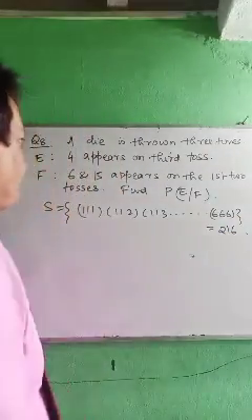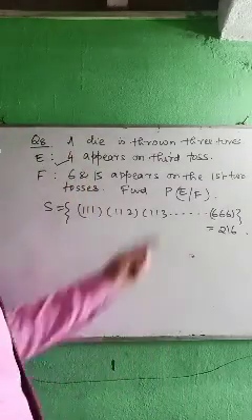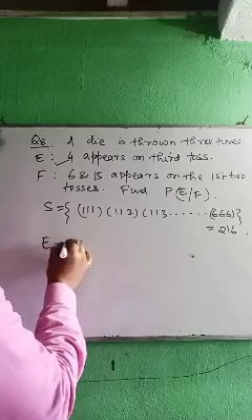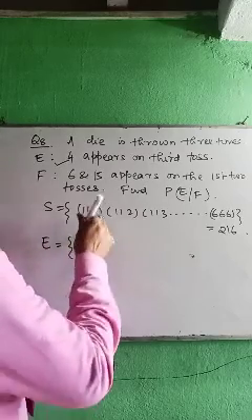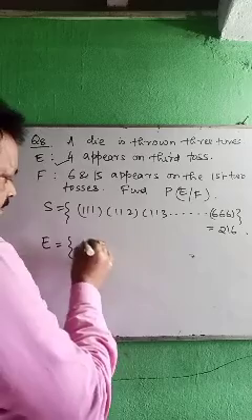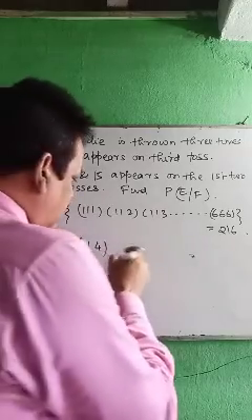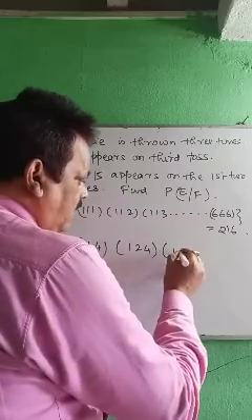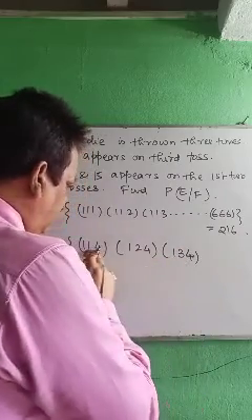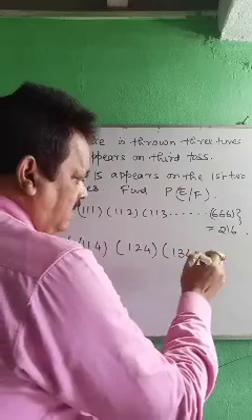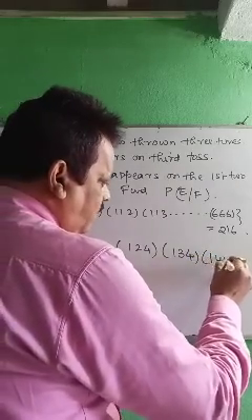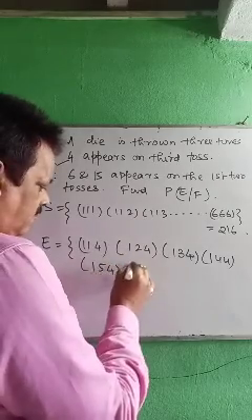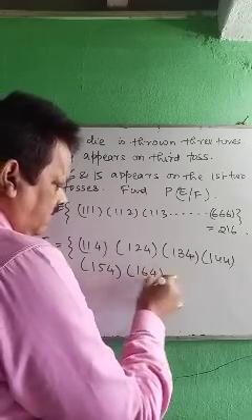Now 4 appears on the third one, that means E. Try to see here: 1 1 4, 1 2 4, 1 3 4. Every time 4 is coming on the third one. 1 4 4, 1 5 4, 1 6 4.